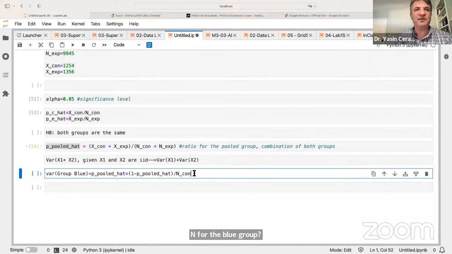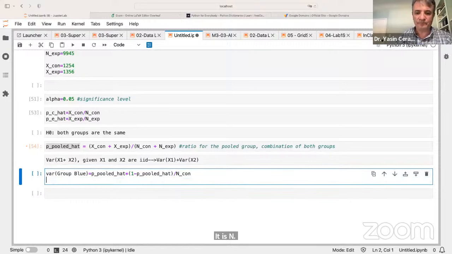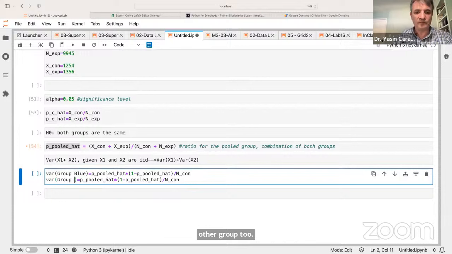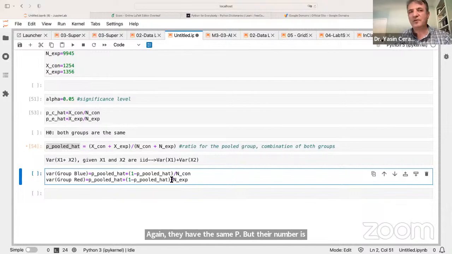So I'm going to do the same thing for the other group too. This is the red group. Again, they have the same P, but their number is N experiment. These are their variances. So when I add these two, x1 plus x2, it's the variance of x1 plus variance of x2.